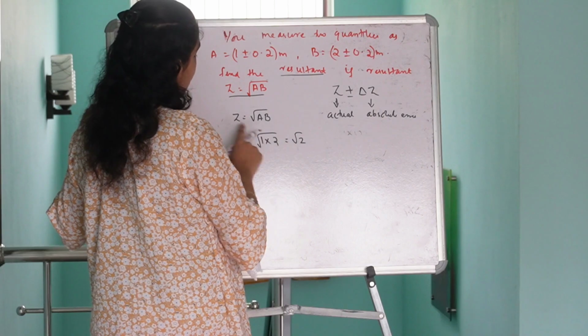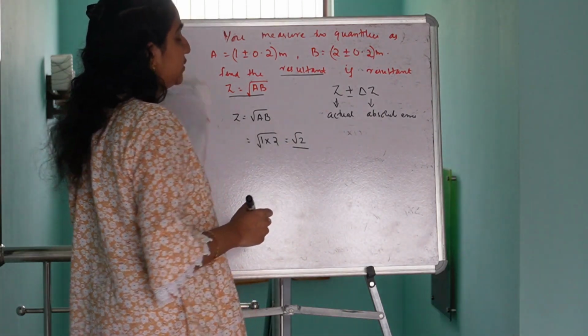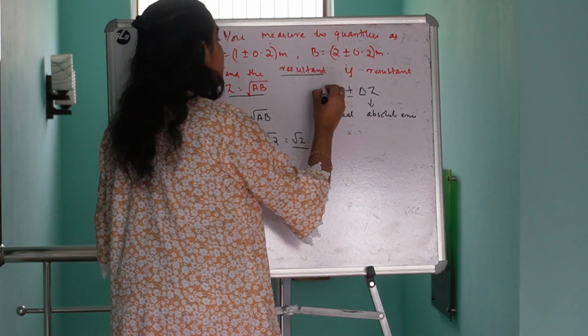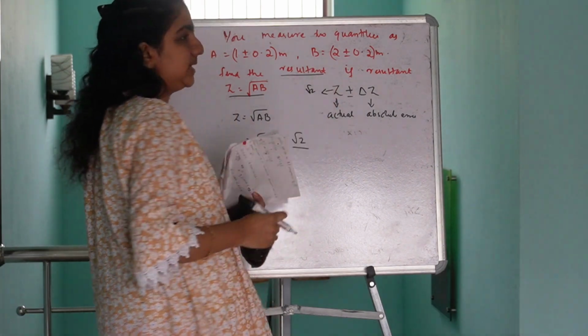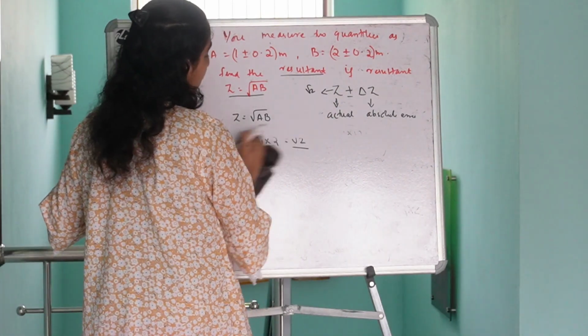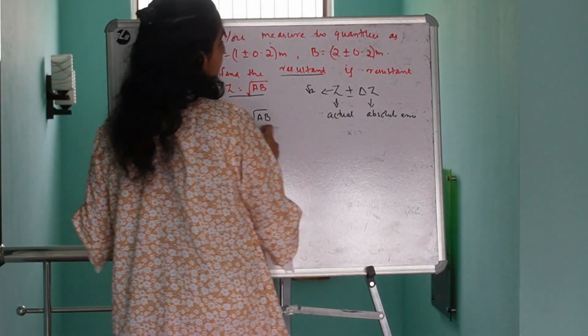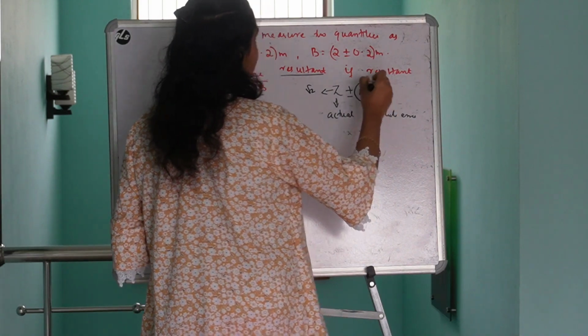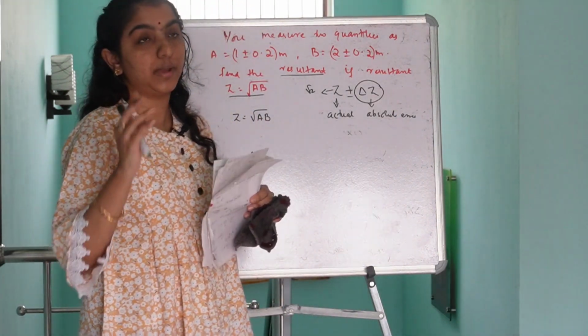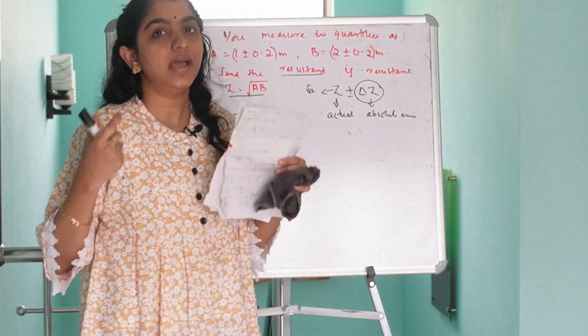So I got the value of Z as root 2. The actual value of the resultant is nothing but root 2. Is it clear? Yes. Now we have to find the value of del Z, the absolute error, the maximum possible error in the resultant.